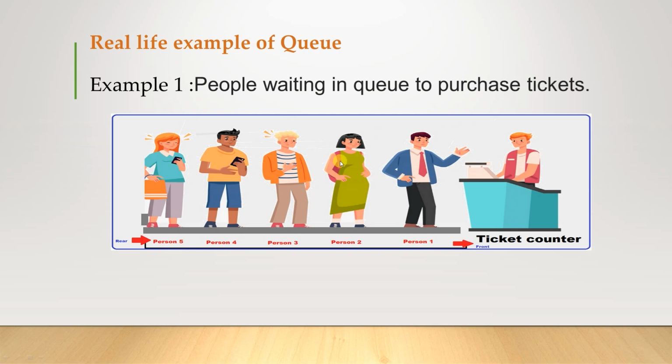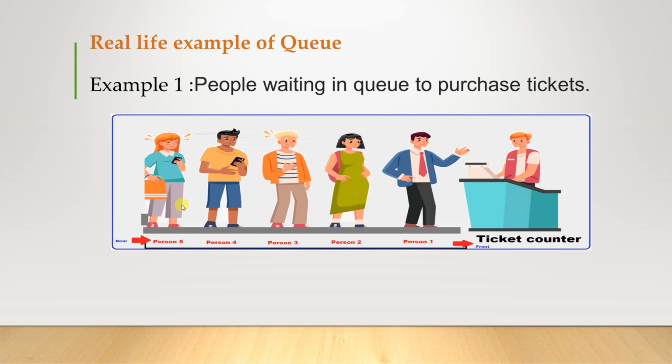Similarly, the next person will get the second ticket, the third person the third ticket, and the fourth person the fourth ticket. Like that, the last person gets the last ticket. So this is how a queue works.